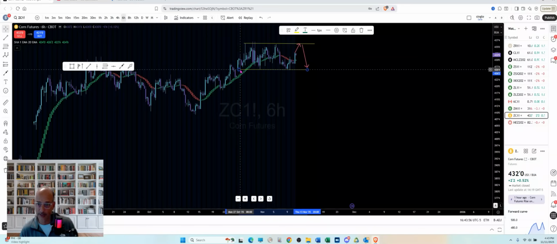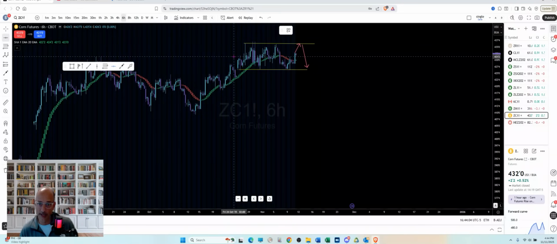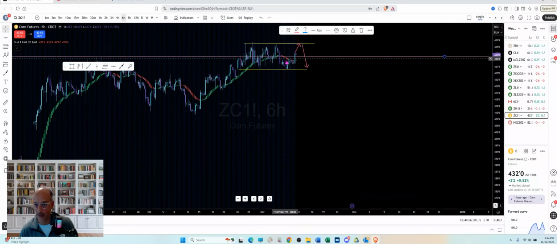We've basically been stuck inside of here since the end of October. If you take a horizontal line and cut this in half approximately, then this is potentially a buying area off of here. But the question is, is it just going to go to the top of this range and stop, or are we going to actually break through?